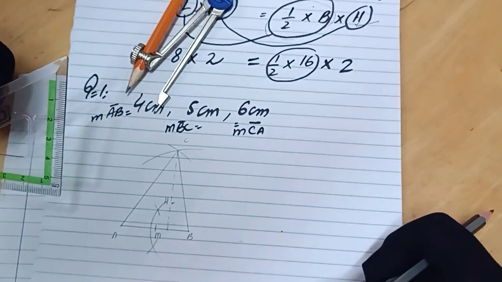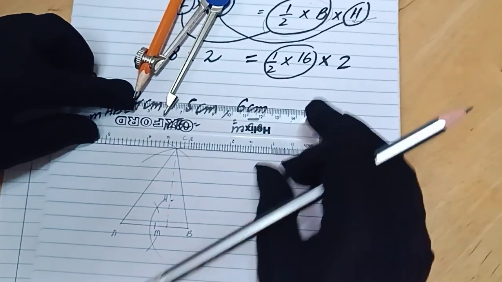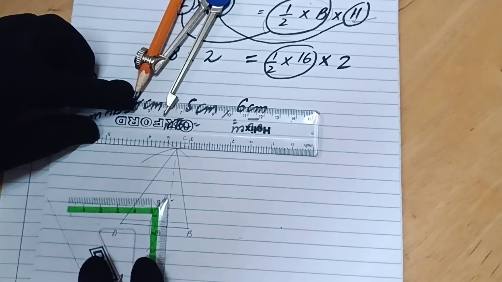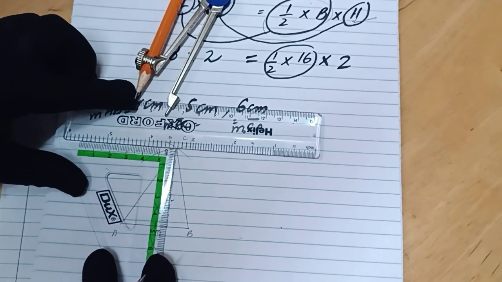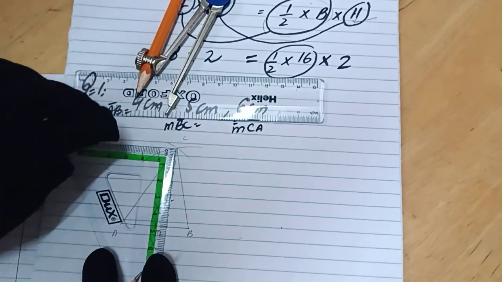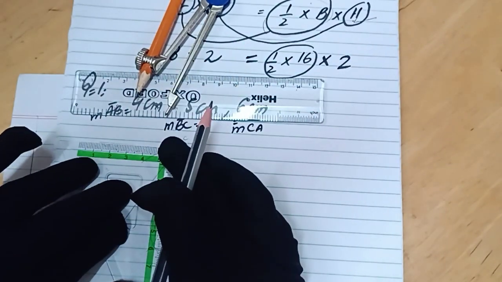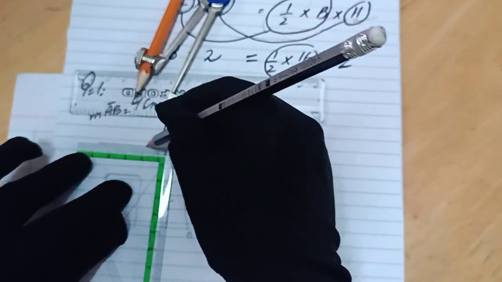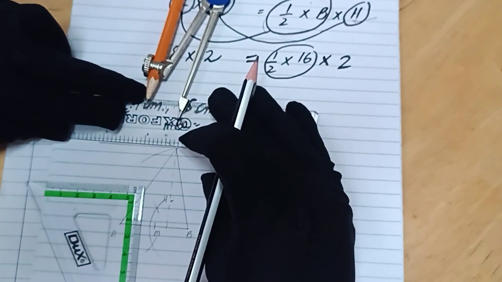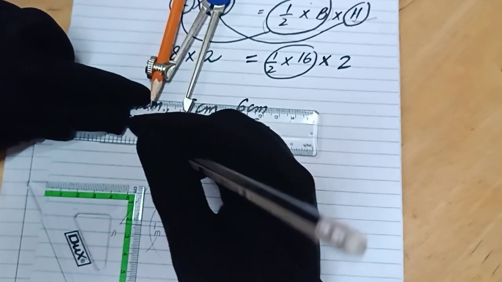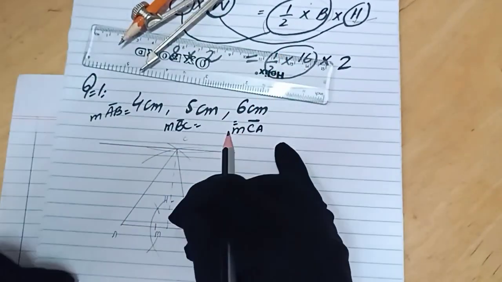For drawing the perpendicular, we can take the scale and set it like this. Now we can draw our perpendicular. We can draw with the scale also, just set the direction of your scale and then draw the line. Now this line and this line are parallel.